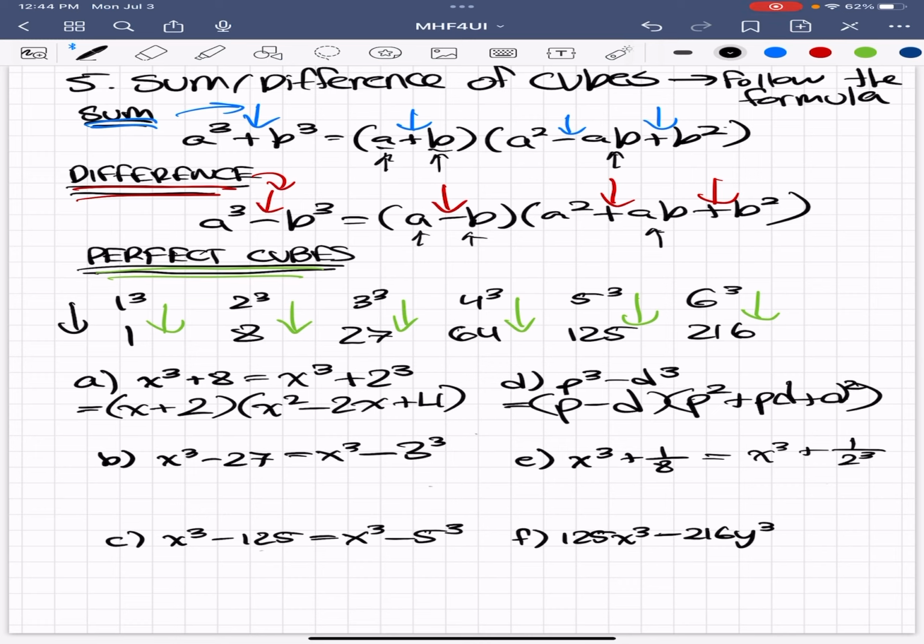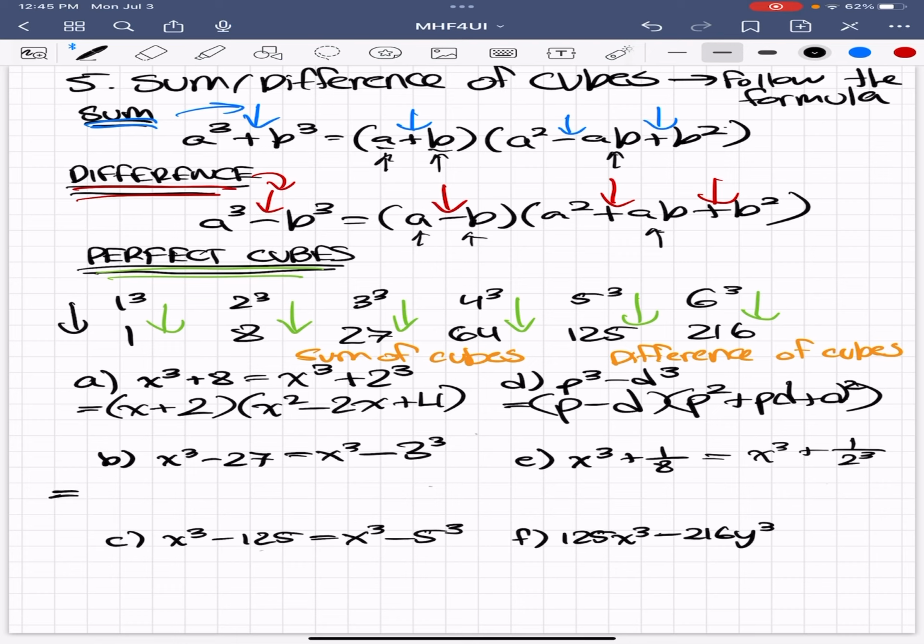And there you go. This was a difference of cubes. And this was sum of cubes. Moving on.